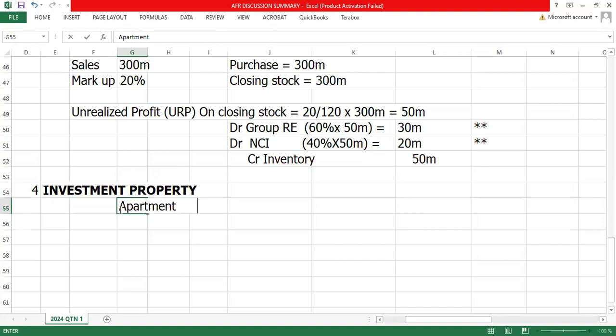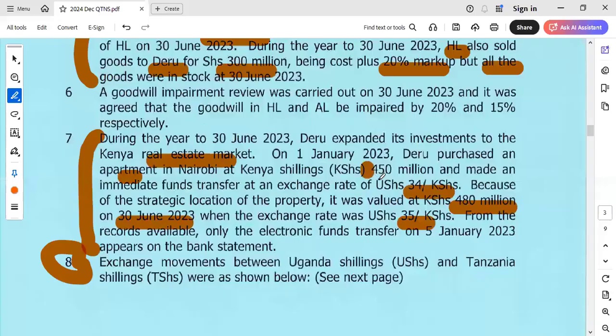What was its cost? Its cost in Kenyan shillings was 450.